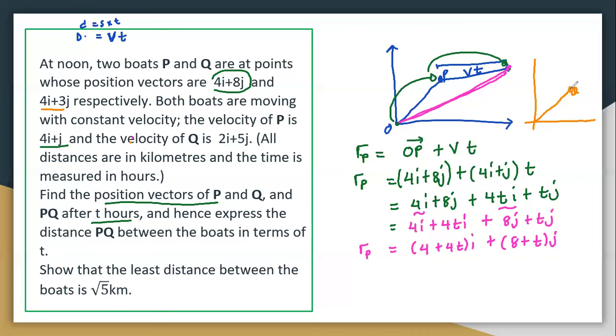This is where it was at first with relation to the origin. To get any distance it has moved afterwards, we shall also give it times vt. So in other words, also for Q, we shall say RQ is equal to OQ plus vt.